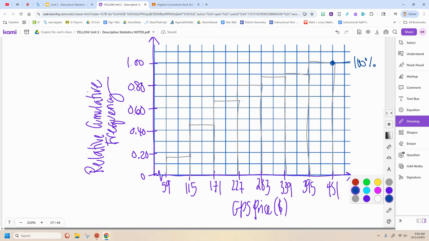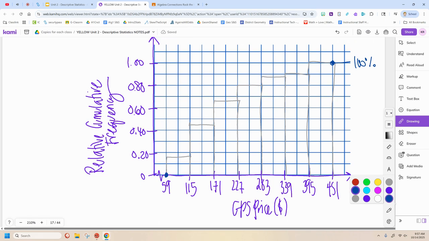You guys agree with that? So I'm at the end of the bar. And then if I go down here to the very beginning, there are no GPSs before 59. So essentially this is at the very beginning, 0%.